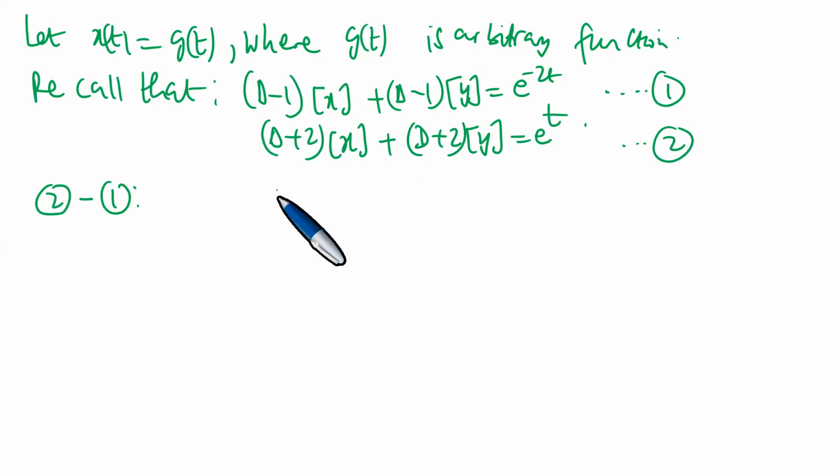So d minus d becomes 0 if we say 2 minus 1, and then it comes 2 minus this, 2 minus into minus 1, so that becomes 3x. And then 2 minus 1, d minus d is 0, 2 minus into minus that becomes 3, then y. This minus this becomes e to the t minus e to the minus 2t.